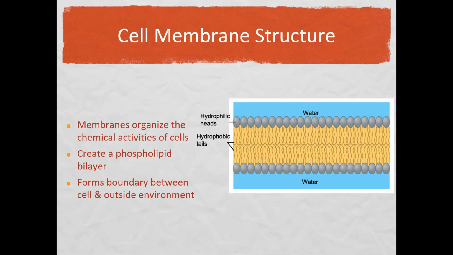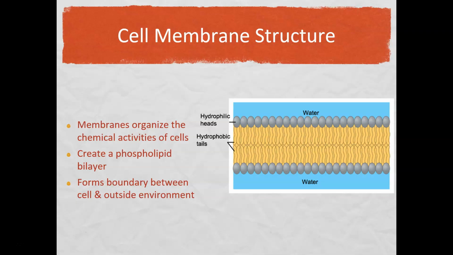By layering themselves or sandwiching themselves into this bilayer, hydrophilic heads can interact with the water in and outside of the cell's environment, and those hydrophobic tails end up in the center and are basically shielded by those heads from any water source.